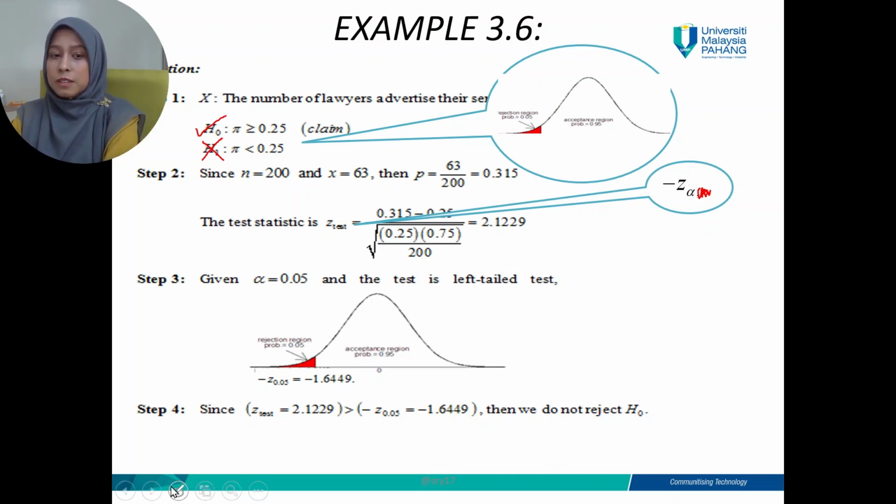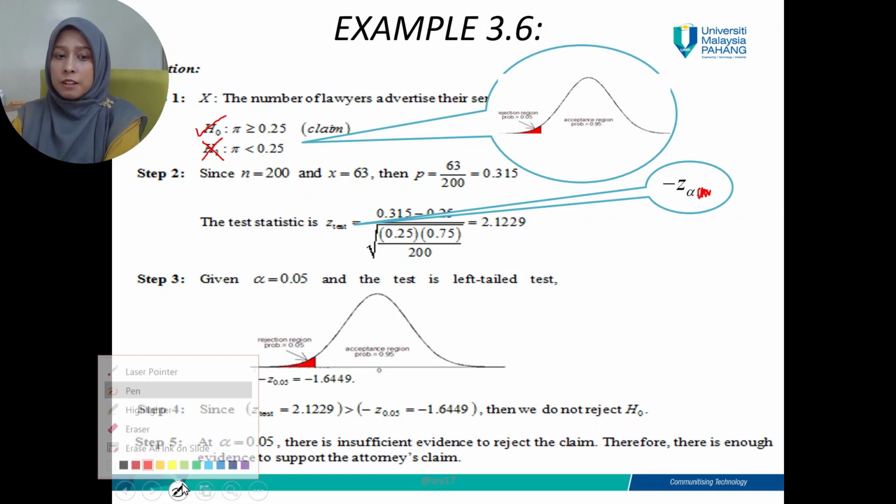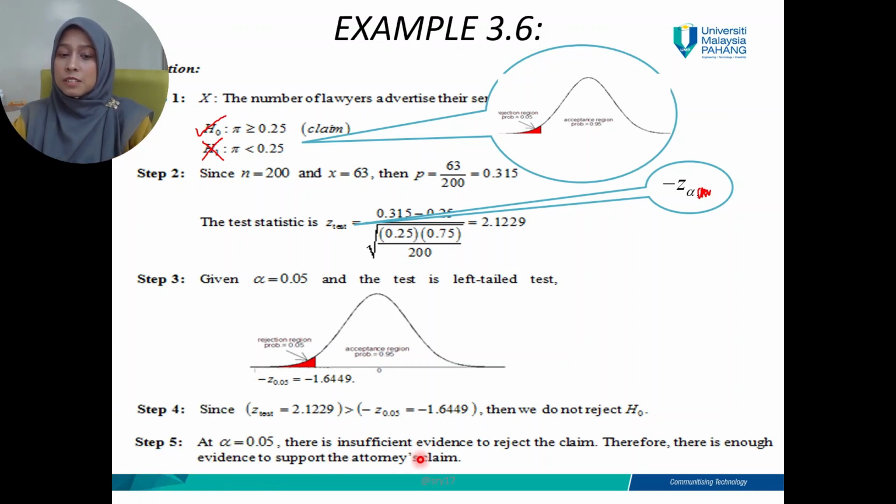So therefore, the conclusion here is at alpha 0.05, there is insufficient evidence to reject the claim. Okay, so we cannot reject the claim. Or in other words, you can also say that there is enough evidence to support the attorney's claim. Okay. So you can actually write one of these. You don't need to write both sentences. You can just say at alpha 0.05 there is enough evidence to support the attorney's claim.